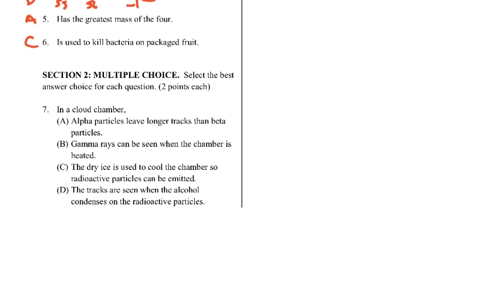Okay, number 2, multiple choice. In a cloud chamber, alpha particles leave longer tracks than beta. No, they leave shorter tracks because they bump into a lot of particles. So it's not A. Gamma rays can be seen when the chamber is heated. No, you can't see gammas because so seldom does it interact with matter, it doesn't leave a trail. The dry ice is used to cool the chamber so radioactive particles can be emitted. It does cool the chamber, but not so that radioactive particles can be emitted.